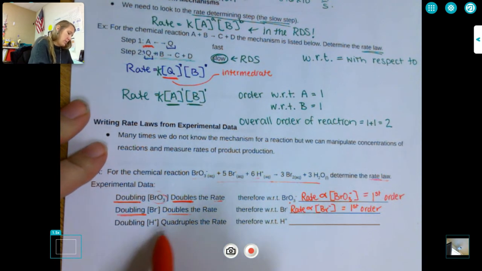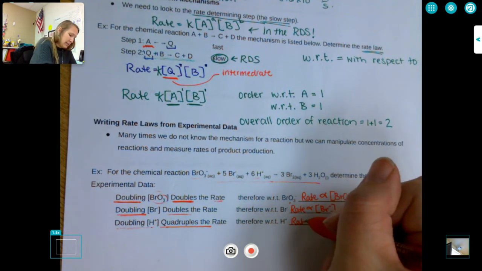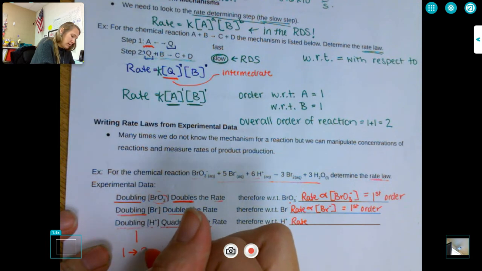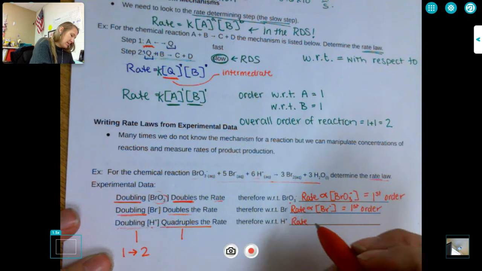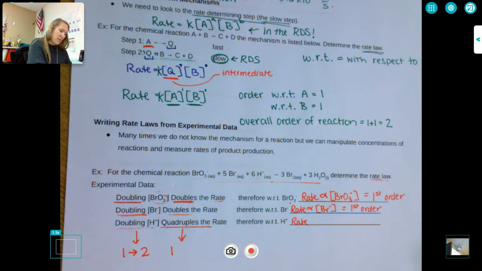But now let's look at this one. When I double my hydrogen, I quadruple the rate. So if I change my hydrogen from 1 to 2, I doubled my hydrogen. Well, my rate, if it started at 1, was quadrupled, which is 4.